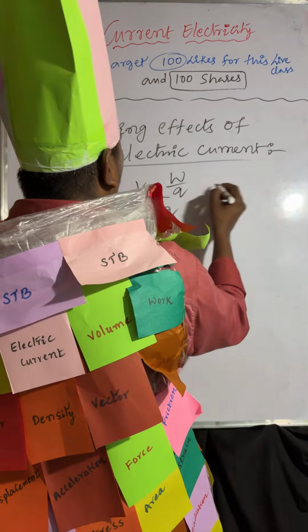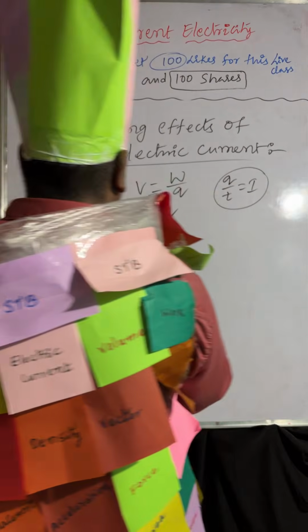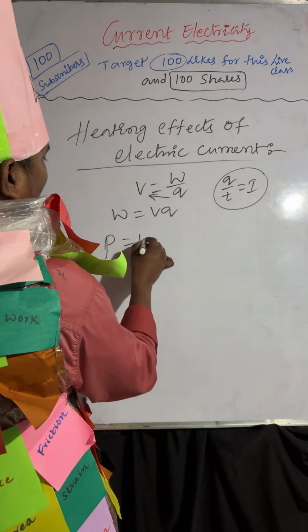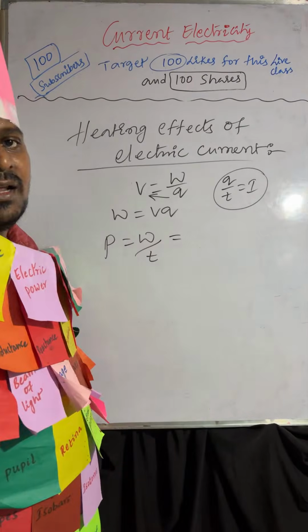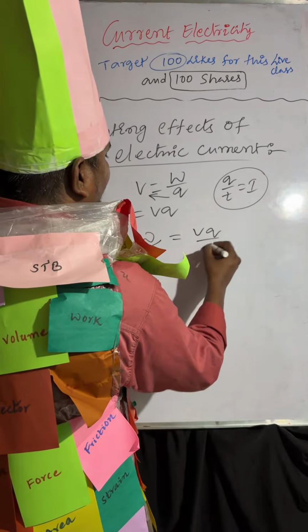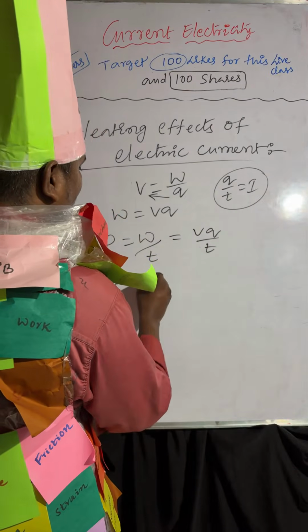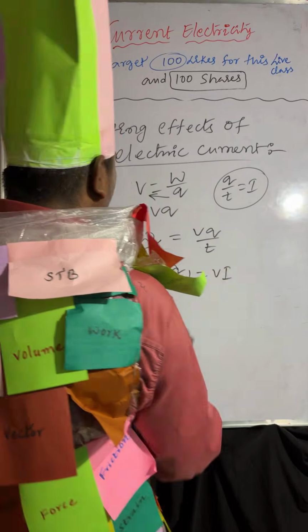We know Q by T is current, the rate of flow of charge. Power is the rate of doing work. What is the power formula? VQ by T. So P equal to V into Q by T, which is current, so P equal to VI.